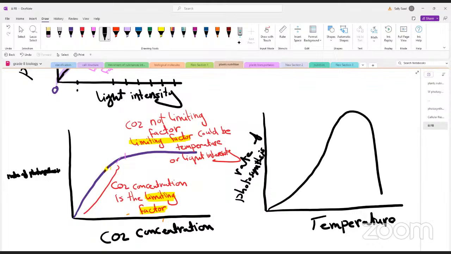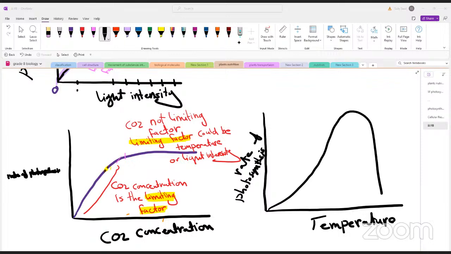Agree with me? So I can understand from that graph that the effect of temperature on the rate of photosynthesis is due to the effect of temperature on the enzymes' activity. Is it clear?